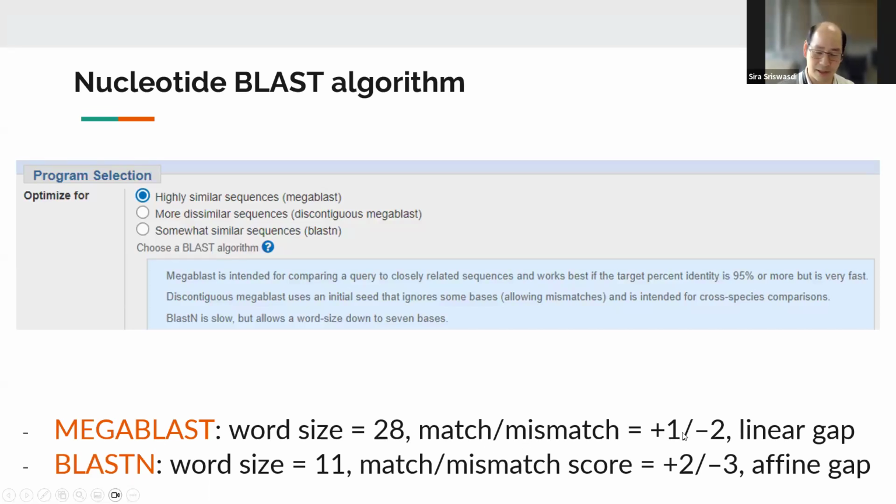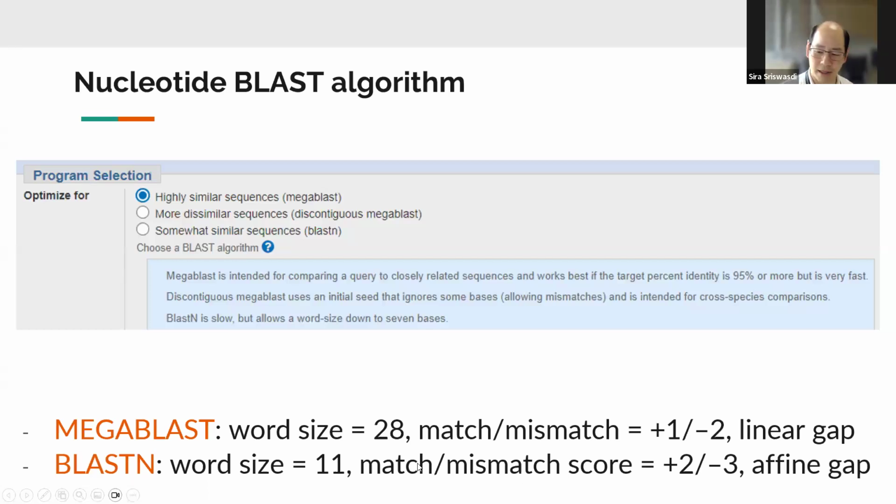So this means, as we talked about before, that we don't want to introduce mismatch to the answer. For BLASTN, which they say is for somewhat similar sequences, because we expect more differences, the length of perfect matches is reduced from 28 to 11. So we don't expect such long perfect matches, we expect shorter matches.